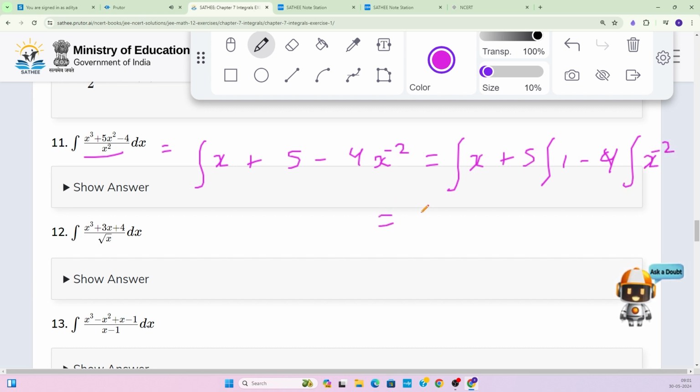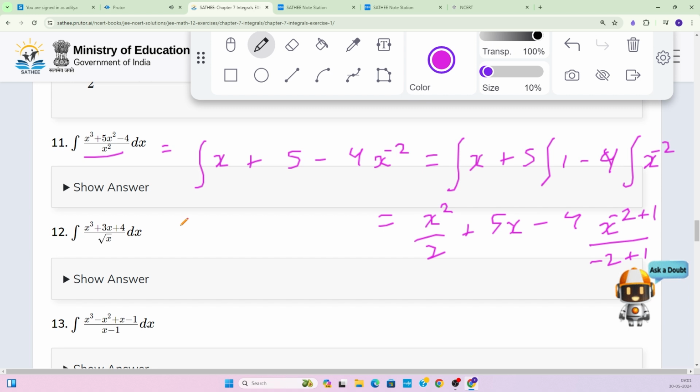Now what you will have, using the general form, x power 2 divided by 2 plus 5x minus, the same formula I'll be using here. So what we did, whatever the power, we just added 1 and the same number will be in the denominator. Okay, you will have minus 1.